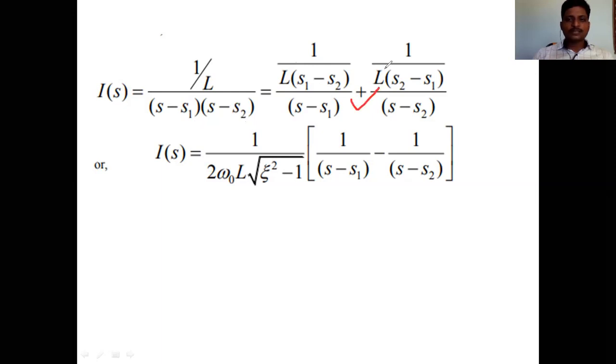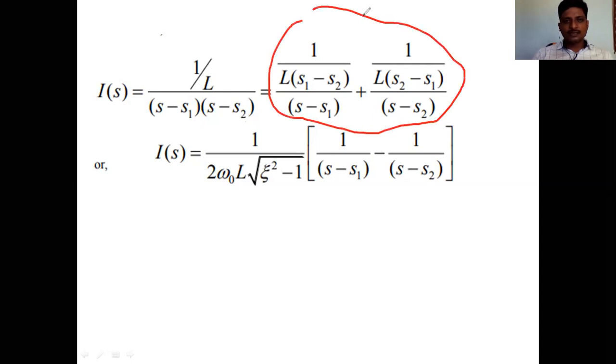After making partial fractions, we can write 1/(L(s1 minus s2)) into 1/(s minus s1) plus 1/(L(s2 minus s1)) into 1/(s minus s2).